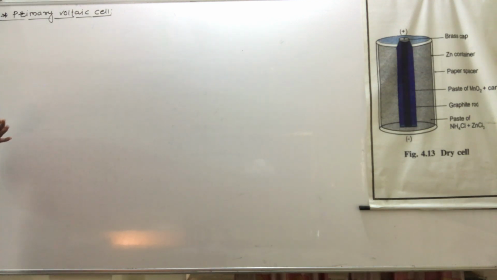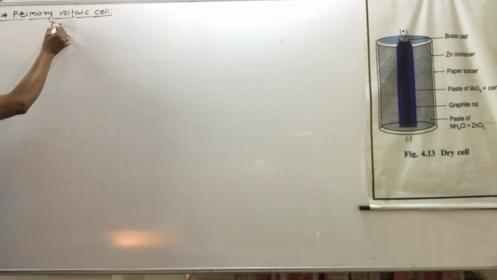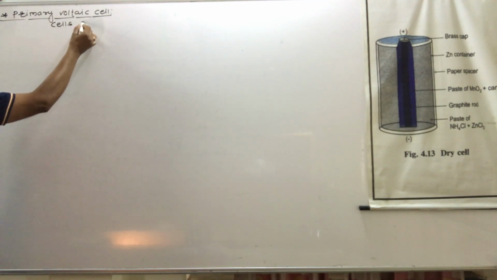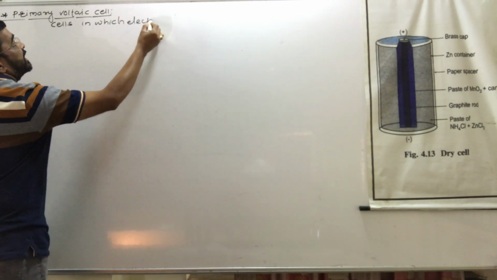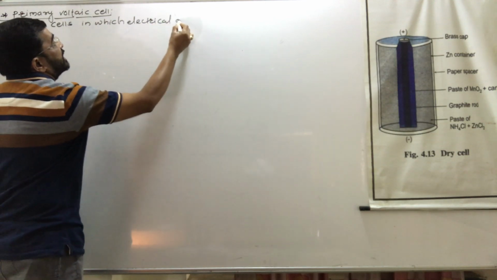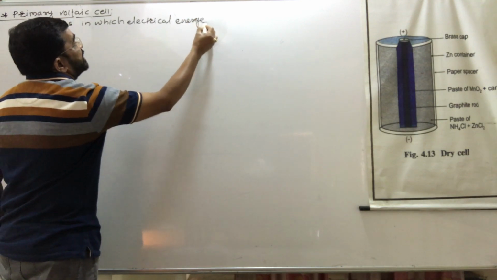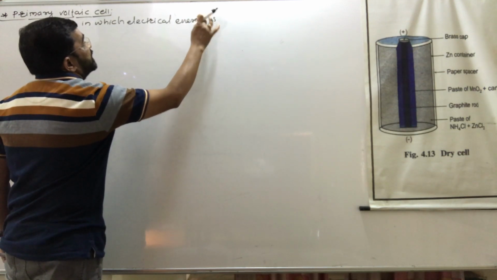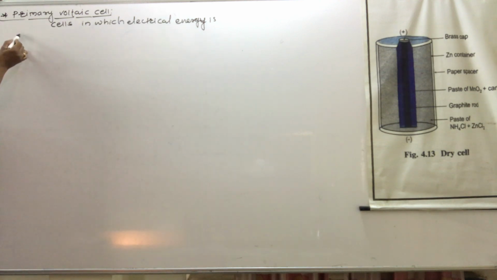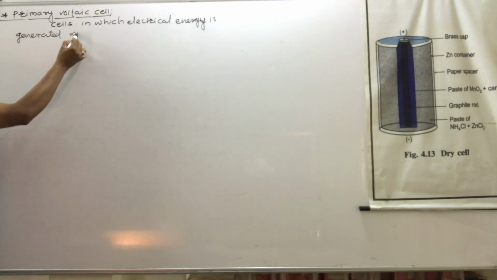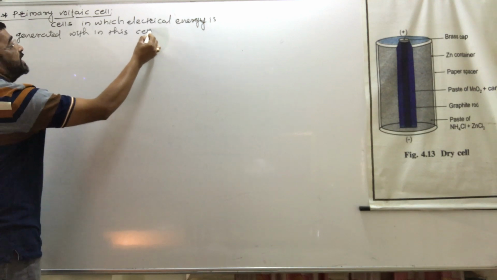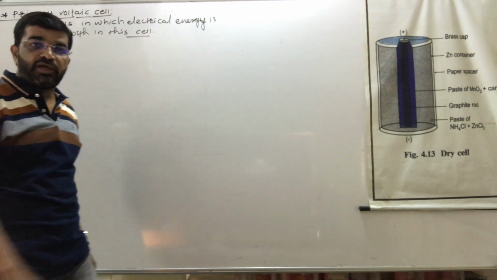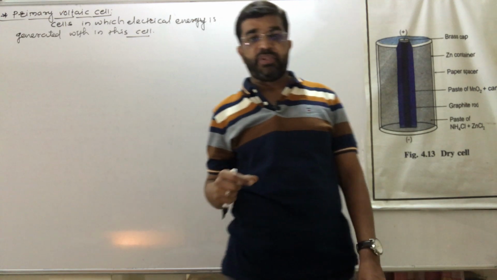Primary cells means the voltaic cells in which electrical energy is generated within the cell. That is called the primary galvanic or primary voltaic cell.